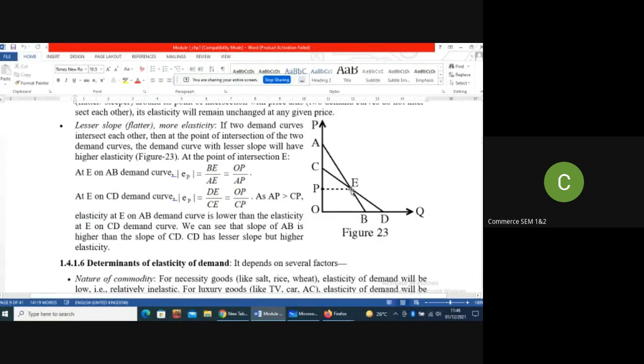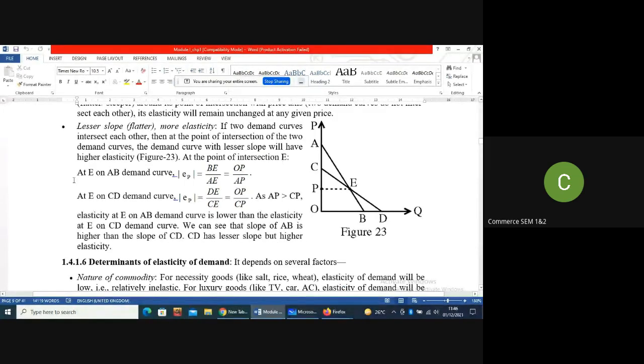At point E, what is the value of elasticity corresponding to the AB demand curve? Now the lower part BE by AE, which will be equal to this distance OP by AP, written here. Fine. Yes, sir.